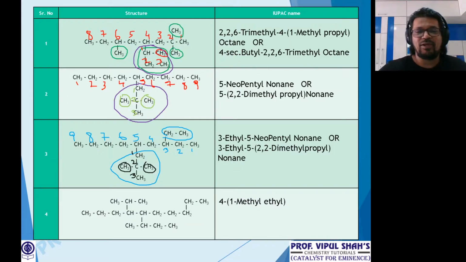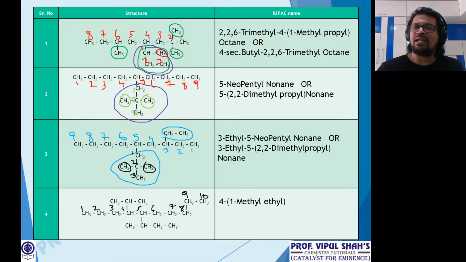Okay, now come to the last part. This is interesting. Now from where do we start? First of all, the continuous chain. If you see the continuous chain, it's like this: 1, 2, 3, 4, 5, 6, 7, 8, 9, 10.